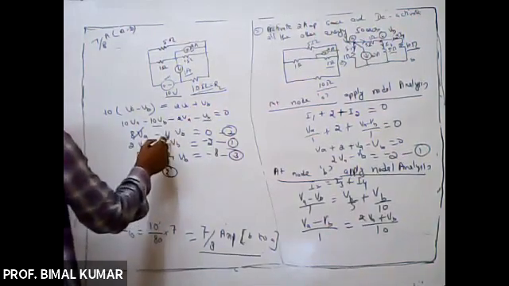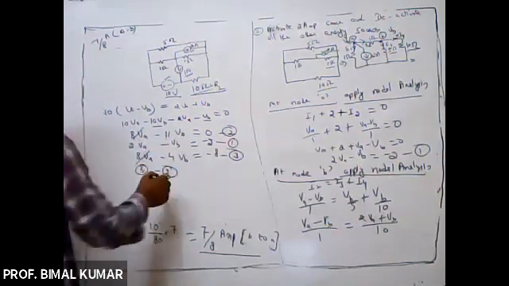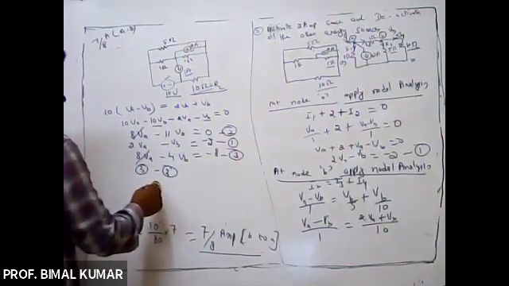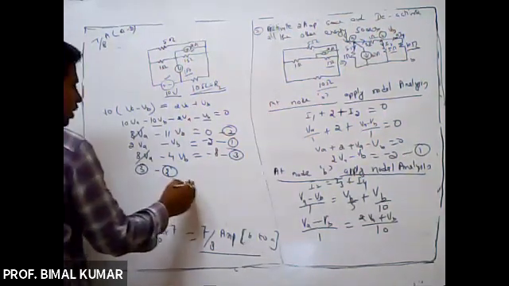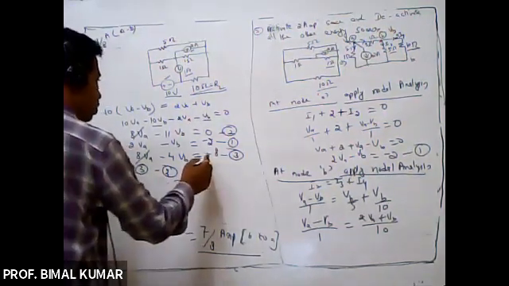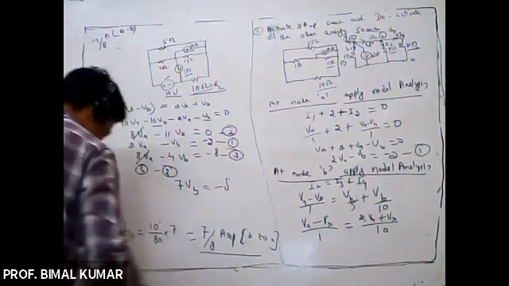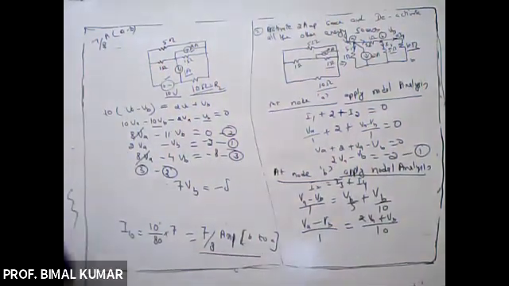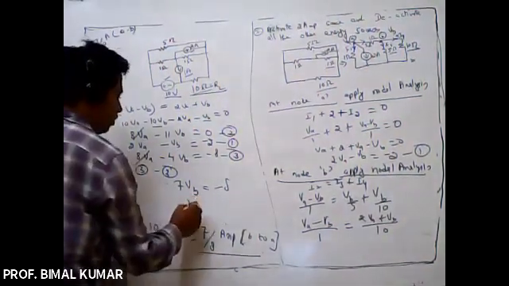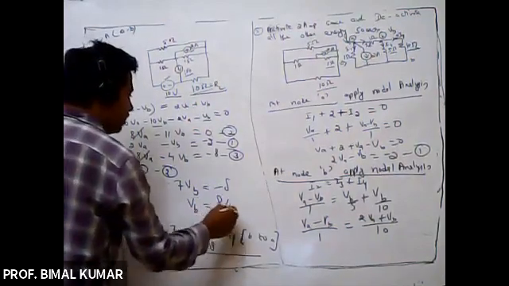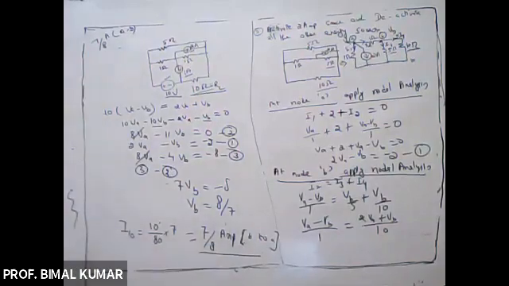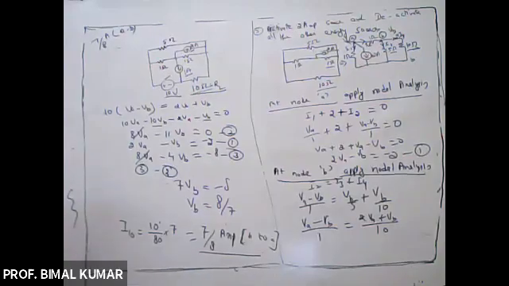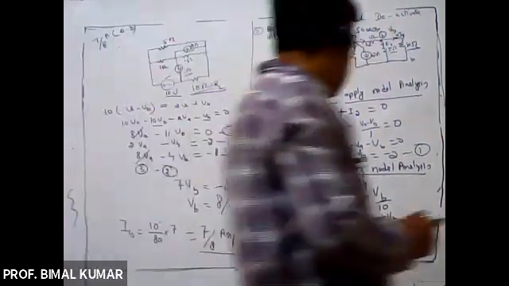Then this will be minus 4 plus 11, 7 VB is equal to minus 8, right? Then from this, VB is equal to minus 8 by 7, and current due to this, that will be 8 by 7 over 10.